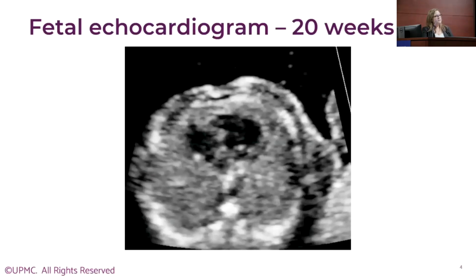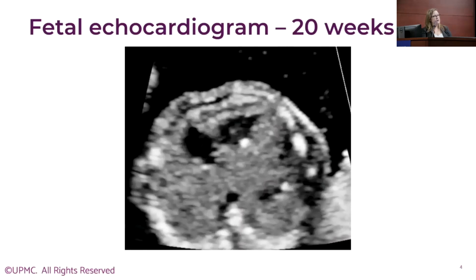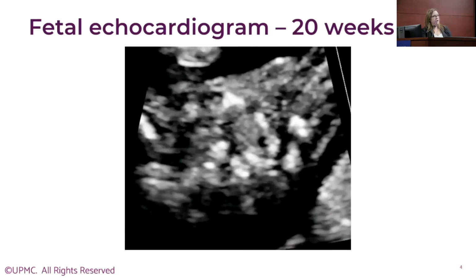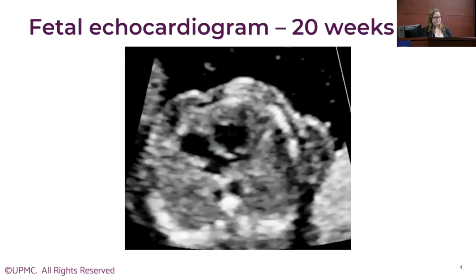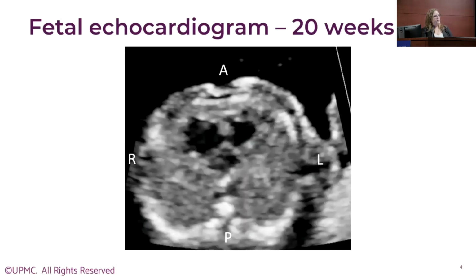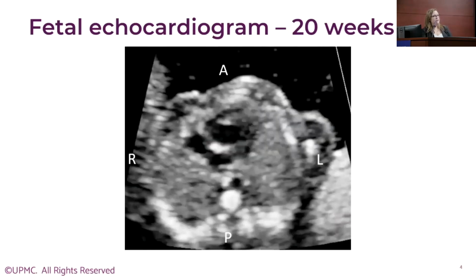As opposed to this view, which is a fetal echocardiogram at about 20 weeks gestation. In this example, we do see 2 atria and 2 AV valves, but only 1 recognizable ventricular chamber. Annotated here, we can see anterior and posterior, right and left on the fetal chest.